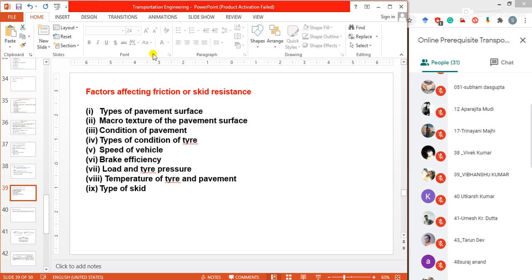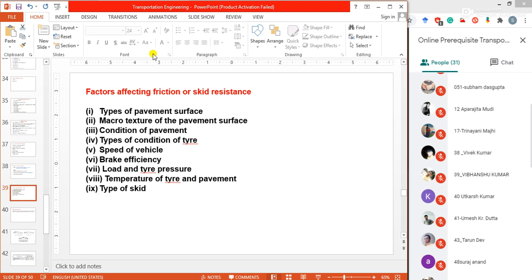The age of the pavement is also important, because over time the condition of the pavement can get worse. The coefficient of friction reduces considerably when the pavement surface is smooth or wet. The coefficient of friction also decreases slightly with increase in temperature, tire pressure and load.